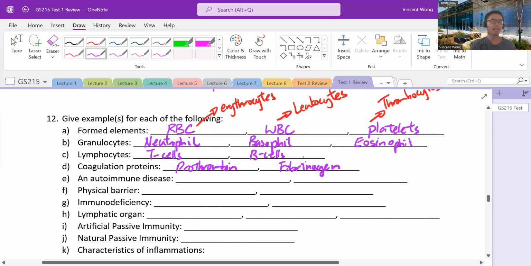Anybody heard of hemophilia by any chance? Someone is a hemophiliac. What does it mean? Not so much scared of blood, but their blood doesn't clot easily.